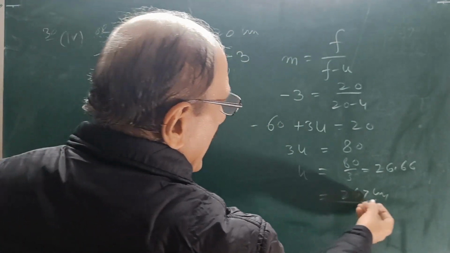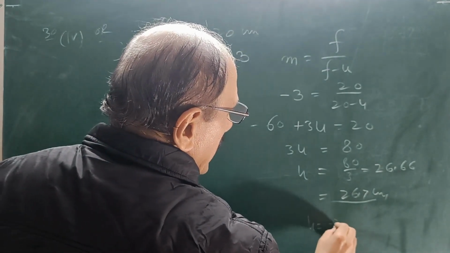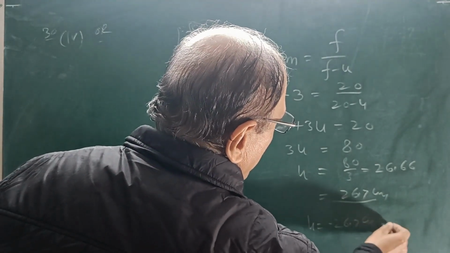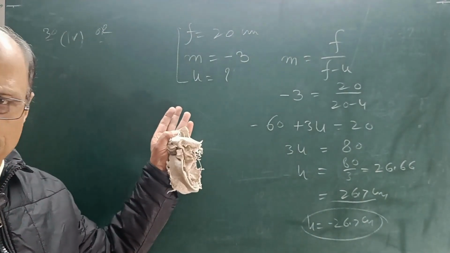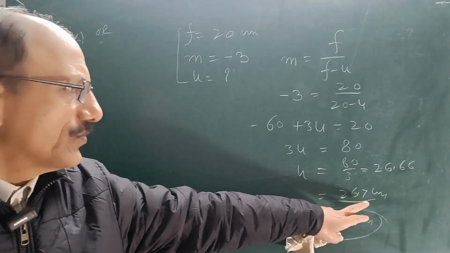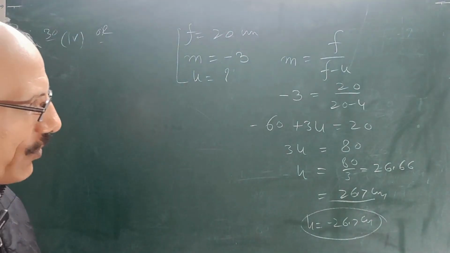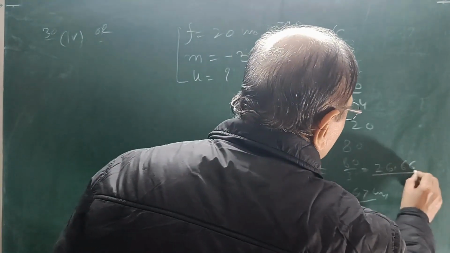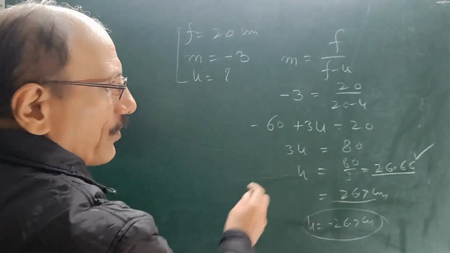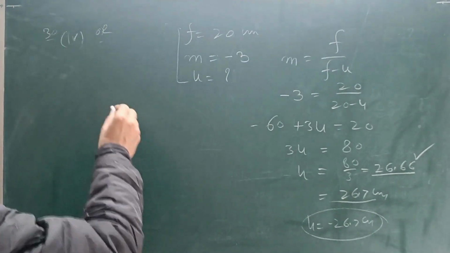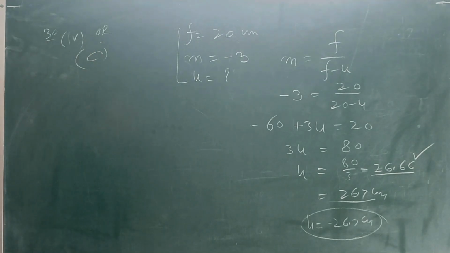So it is at this distance, u will always be negative, minus 26.7 centimeter, but you have to tell how much distance it is placed. So it is 26.7 or 26.66, because the option is given this way, so you have to choose this option, that is the C option. So correct is C option, no need to round off.